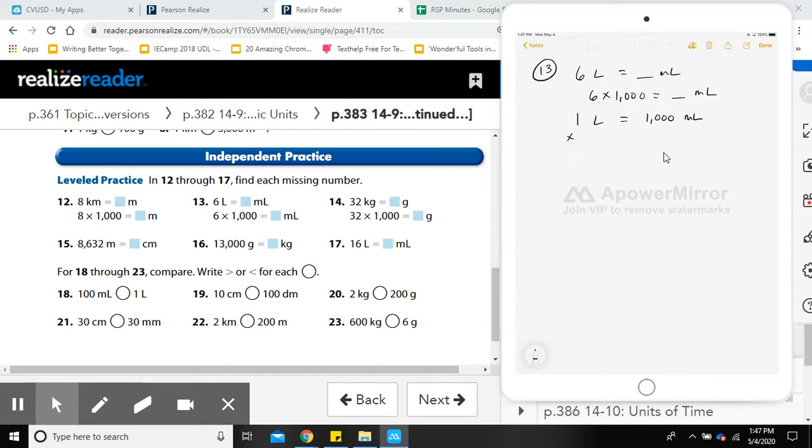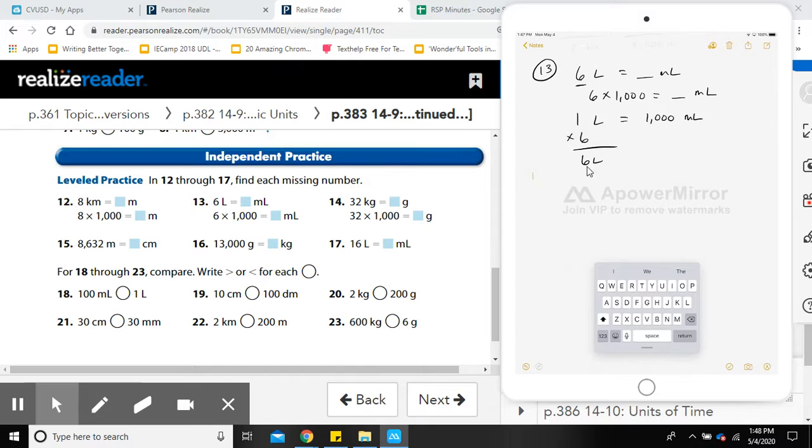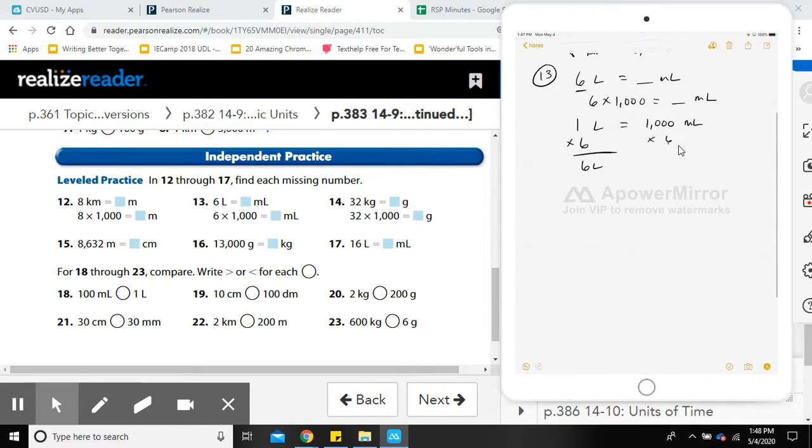And if we wanted this to equal 6 liters, then we need to multiply this by 6. And whatever we do to this side of the equal sign, we have to do to this side of the equal sign. So we're going to multiply this by 6 to get 6,000 milliliters. So 6 liters is equal to 6,000 milliliters.